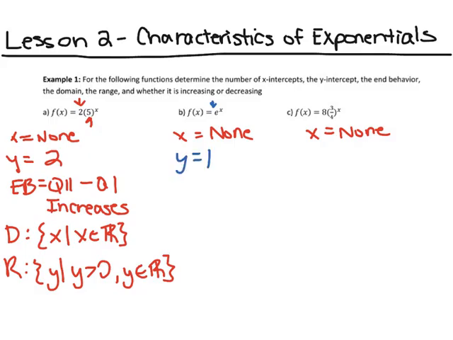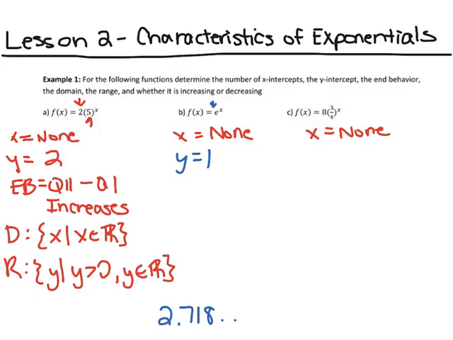And e is called Euler's number, and if you type e into your calculator, it's like 2.718... It's an irrational number. We use it a lot for exponential and logarithmic functions, so you just have to get used to what e is.